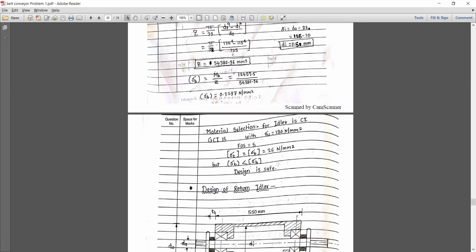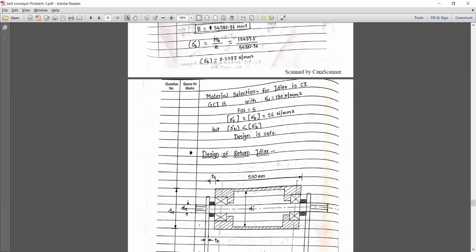And the induced bending stress sigma B is the maximum bending moment divided by Z. What we get is sigma B induced is 0.2297 Newton per mm square, which is very less.